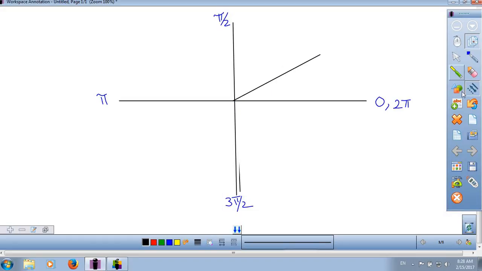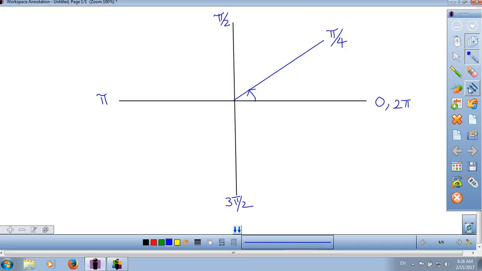I'm going to change the color to blue here. Let's say I'm dividing the first quadrant by half. If I divide this by half, this angle right here would be half of pi over 2. So what is half of pi over 2? Well, if you divide pi over 2 by 2, it is pi over 4. So halfway between 0 and pi over 2, you have pi over 4.